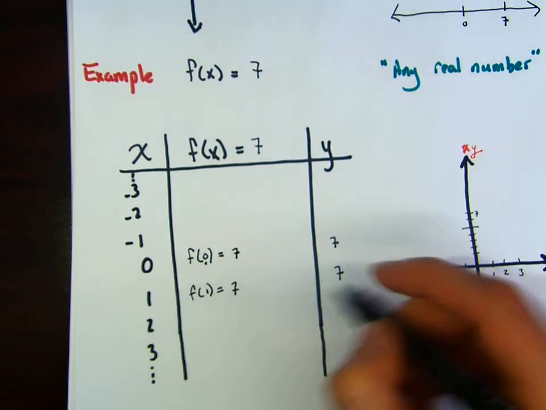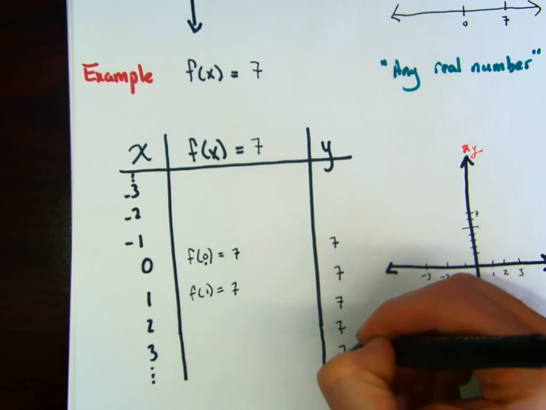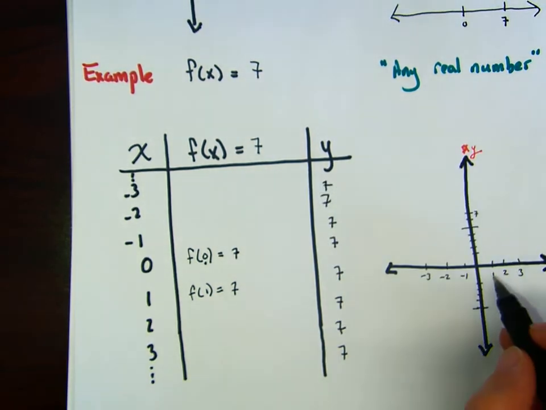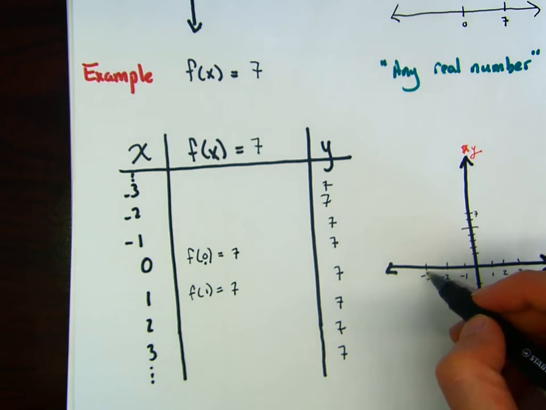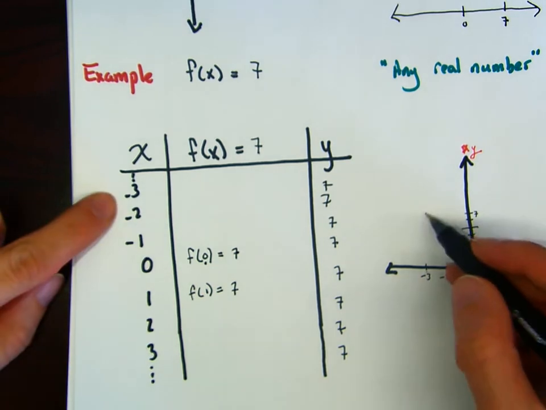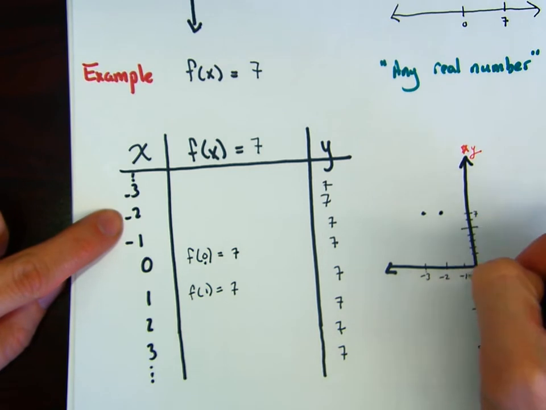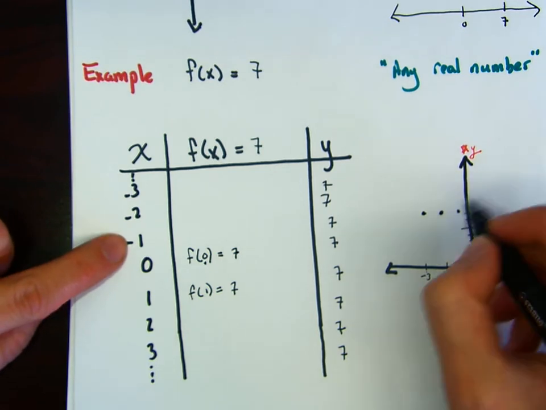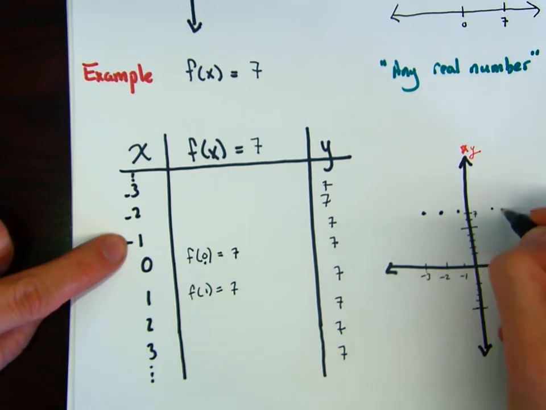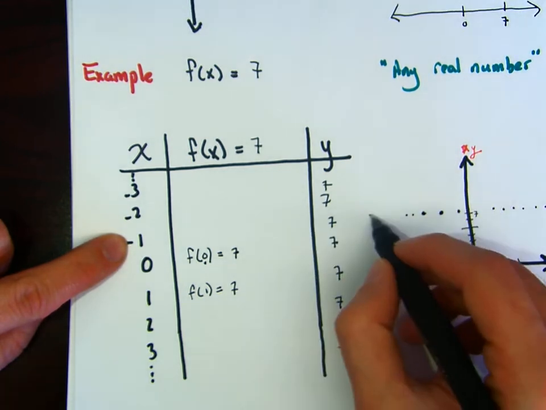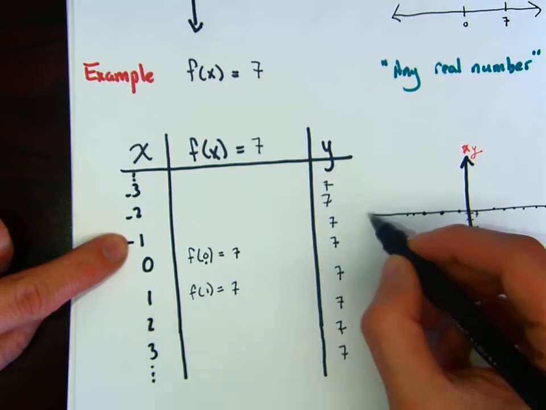Any number I plug in, I just get a y value of 7. So if I'm at negative 3, negative 3, 7 is a point here. Negative 2, 7 is a point here. Negative 1. Notice I'm just making a horizontal line from negative infinity to positive infinity.